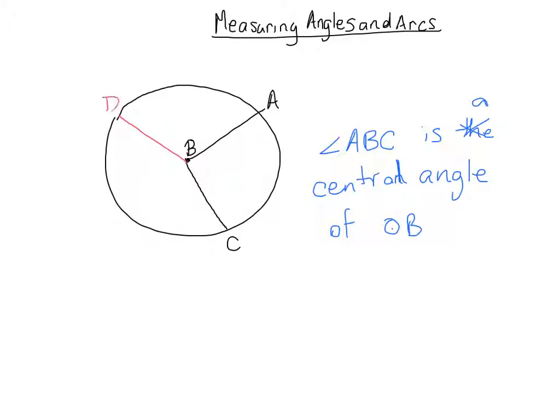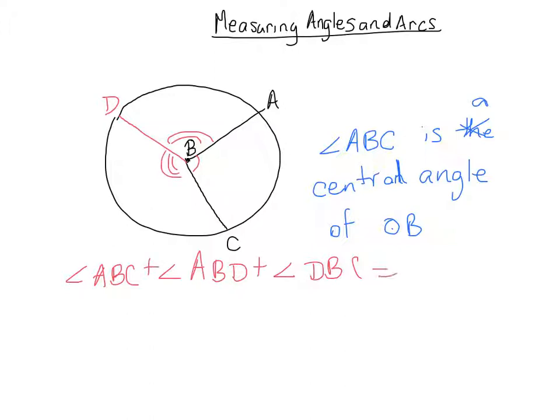Let's call this D. So now we have three central angles: angle ABC, angle ABD, and angle DBC. When you add them all up, you should get 360 degrees.